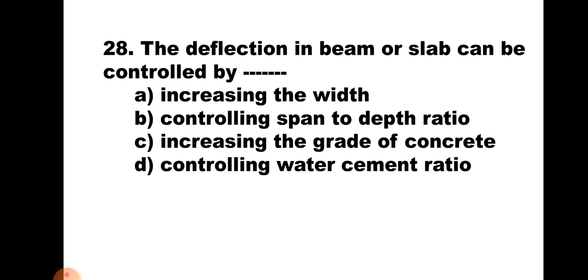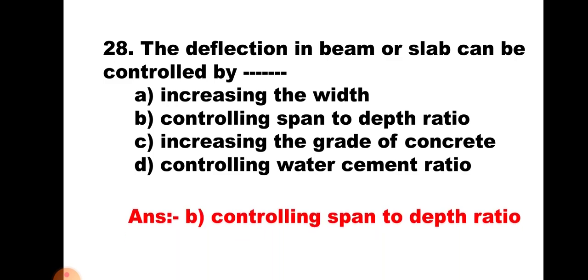So if you want to control that deflection, we can select proper span to depth ratio, that is, it can be controlled by controlling span to depth ratio. Hence the correct answer in this question is B, controlling span to depth ratio. Thank you.